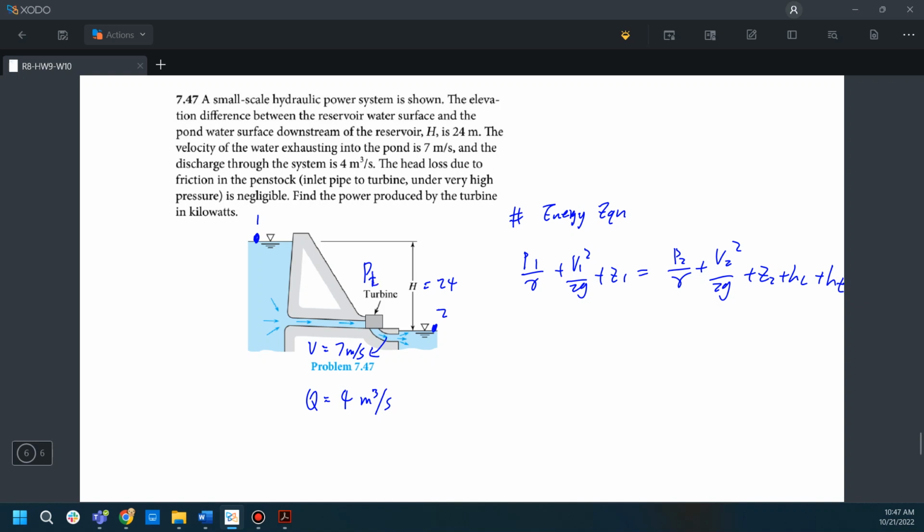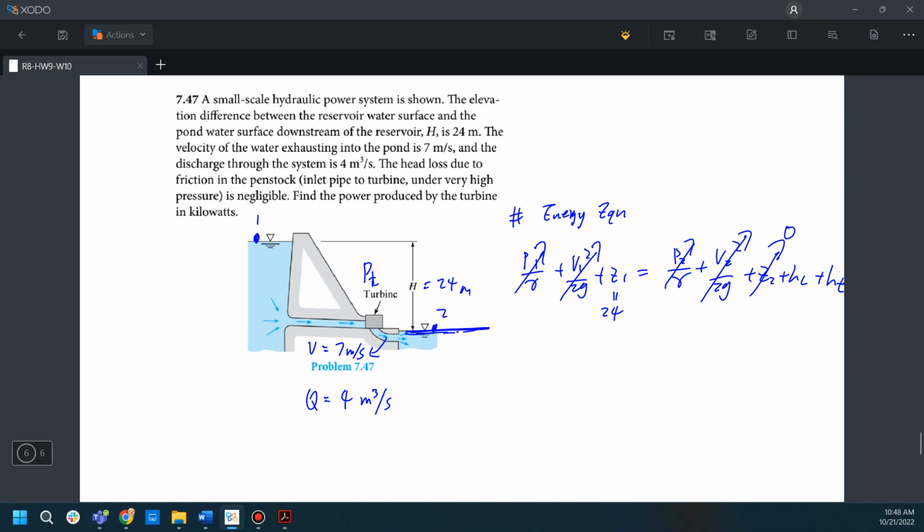Now simplify the equation. P1 equal to 0 because it's at the surface. P2 is also equal to 0 because it's also at the surface, and they don't have the velocity term. And we define the datum to be at point 2. So Z2 is equal to 0 and Z1 is equal to 24 meter in this case, because H is equal to 24 meter.